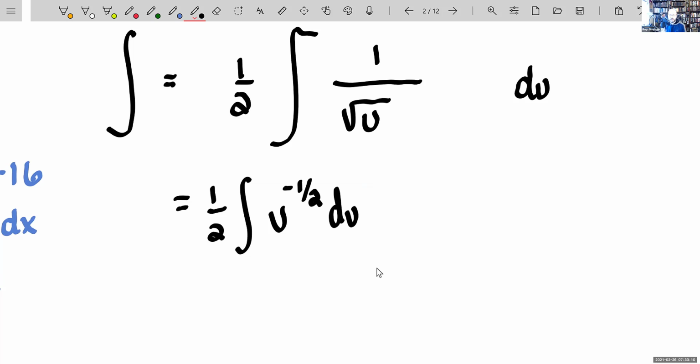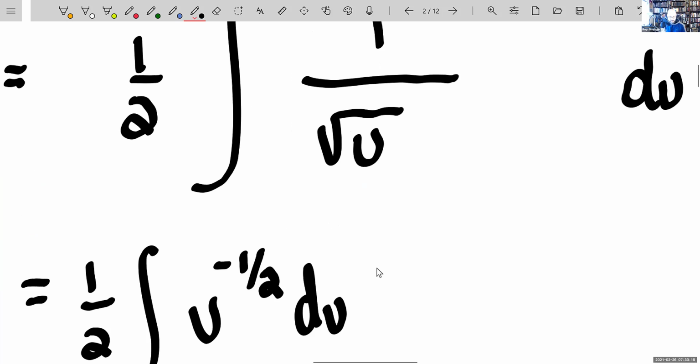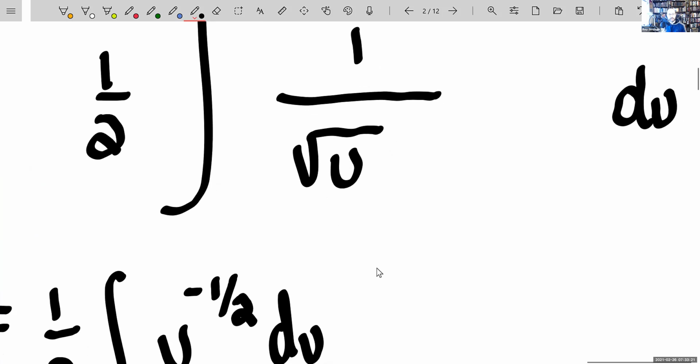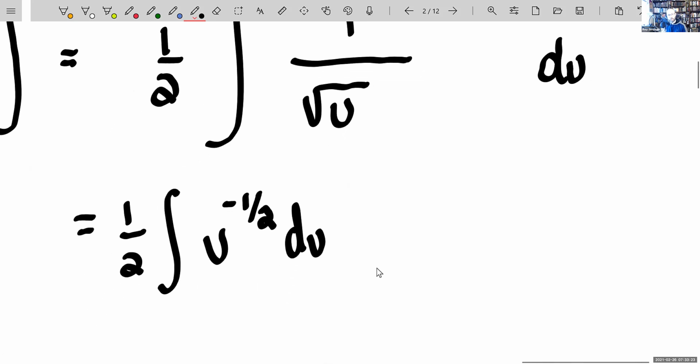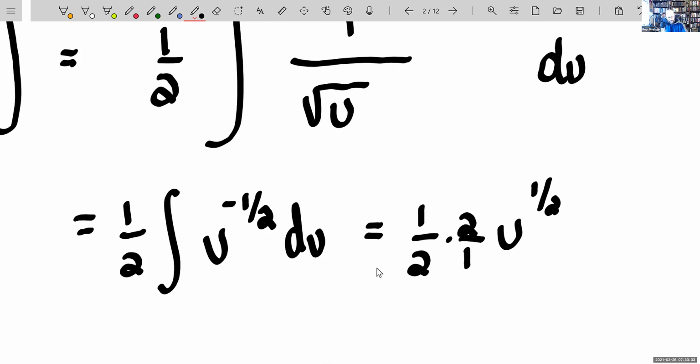As I tell my students in my pre-calculus and trig classes, we let go of working with radicals once you reach calculus, because most of calculus works better with rational exponents. We're going to add 1 to that exponent, so it becomes u to the 1/2, and multiply by the reciprocal of that new exponent.